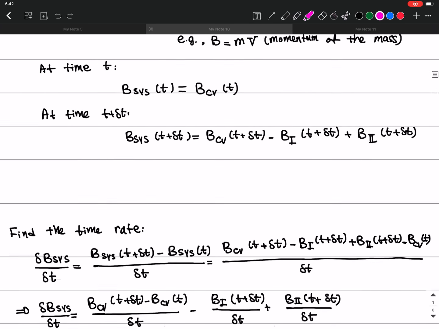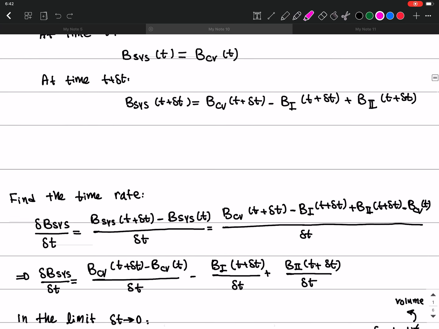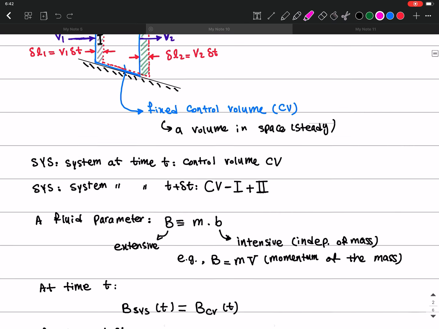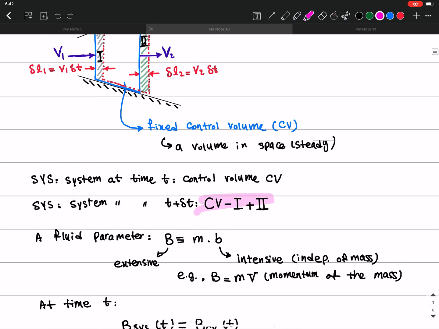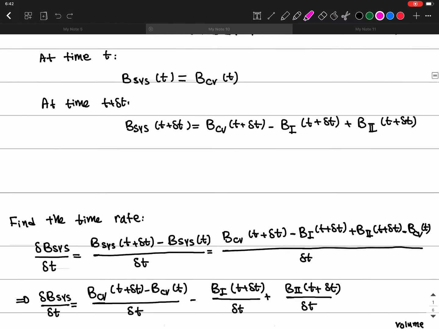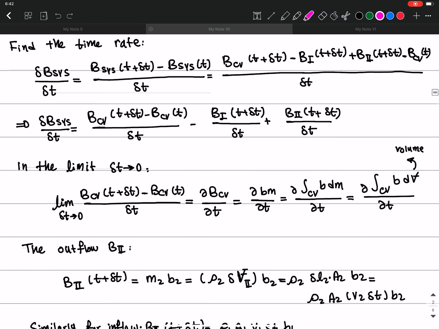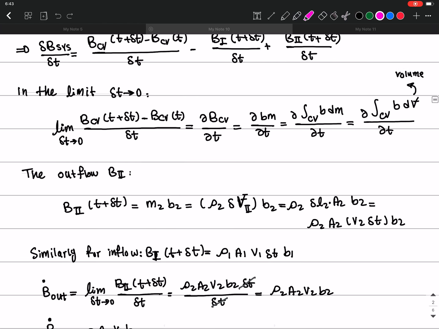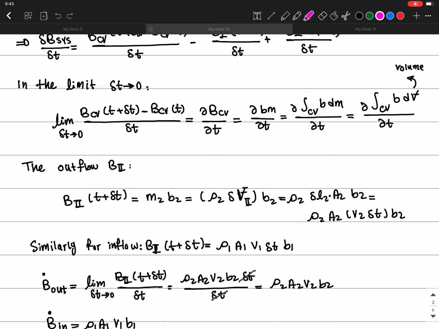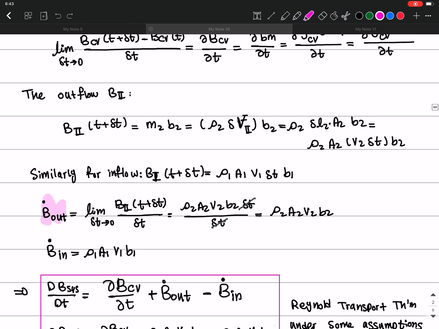And then we wrote the change of this B system at time t based on this simple case for a one-dimensional case. We calculated the limit of change as delta t goes to 0, and then we wrote this also for outflow and also inflow. So this is b dot out.